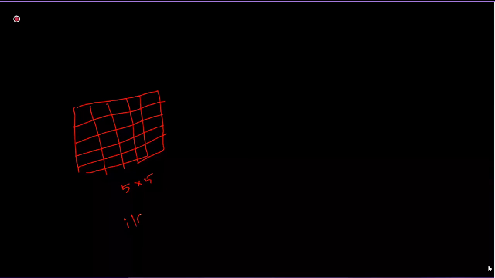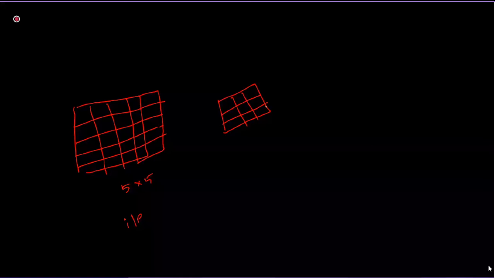And you have a convolution operation with a 3x3 filter. So here what happens? Before the convolution operation, we are adding layers of zeros.